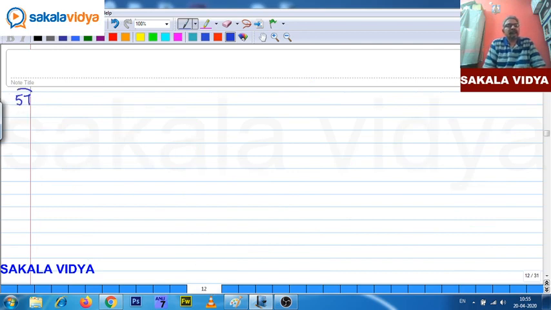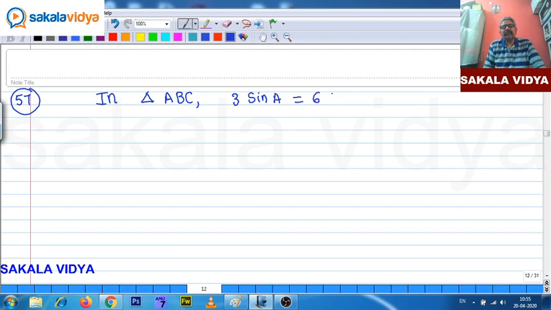Number 57. In triangle ABC, 3 sin A equals 6 sin B equals 2 root 3 sin C. Then the measure of angle A needs to be evaluated.